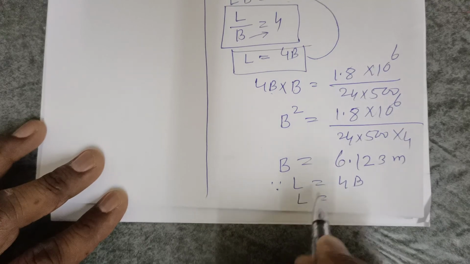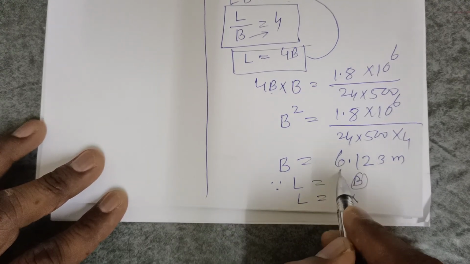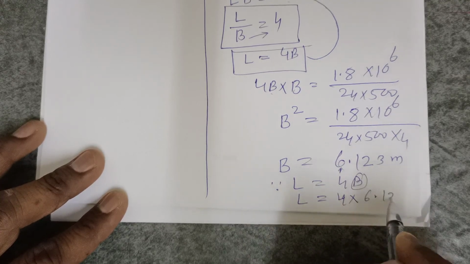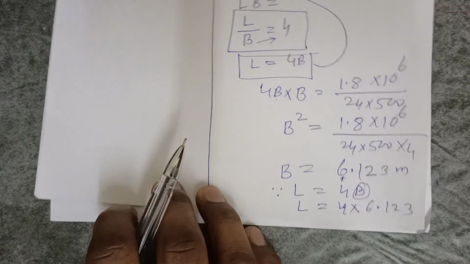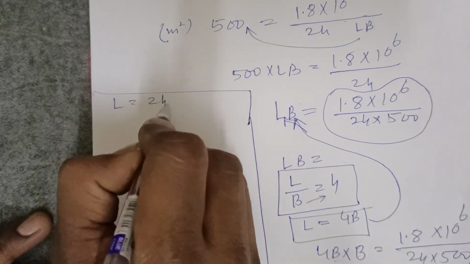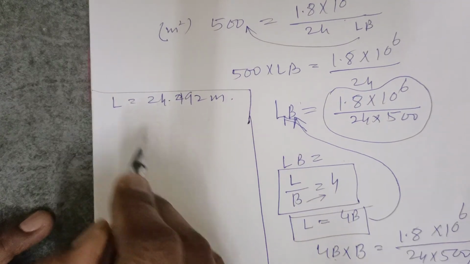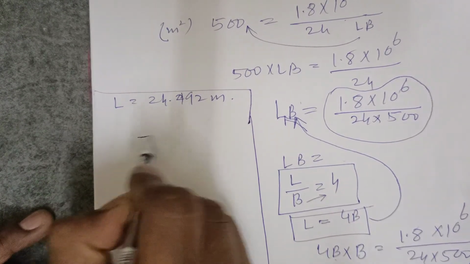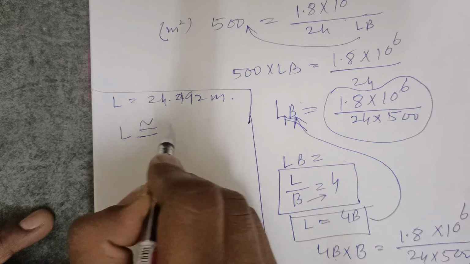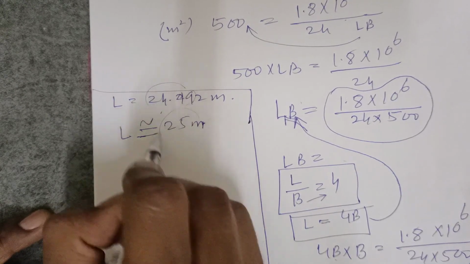Similarly, we know that L is equal to 4 times B. So L will be equal to 4 into the value of B, 6.123, so I will get L equal to 24.492 meter. Here I will take it in round figure, that is L equal to 25 meter, right?